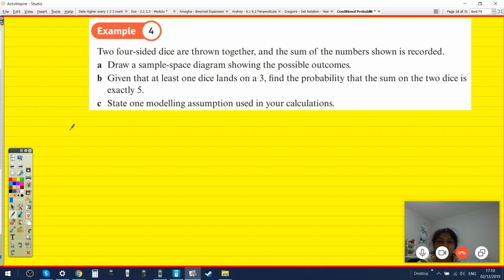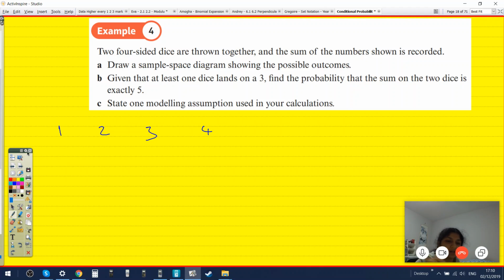Let's see. Okay, how do we do this? So for the sample space, because it's two four-sided dice, you do 1, 2, 3, 4, and then you do it vertically as well. And then you have to add them together.